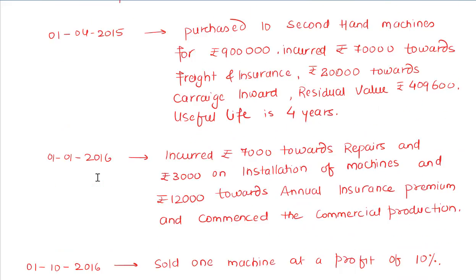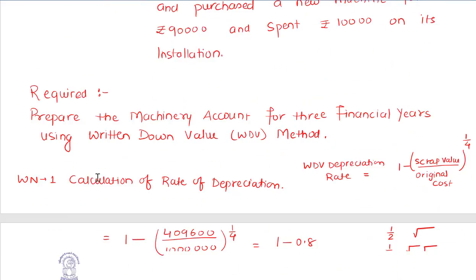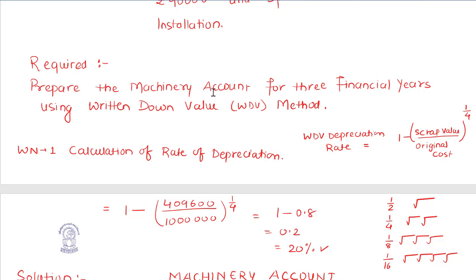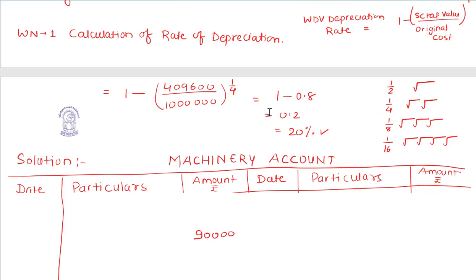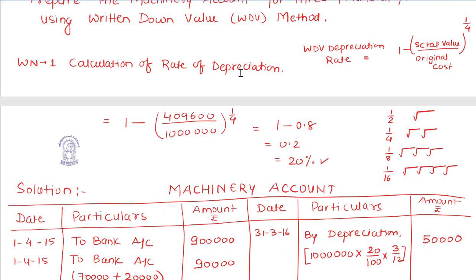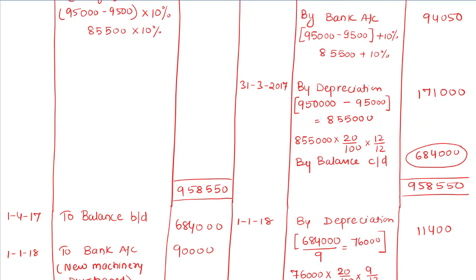So this was a long illustration. We have purchased machinery account over here. We have seen calculating the rate of depreciation using the simple method, but this method is only applicable for these many cases, that is 1 by 2, 1 by 4. Over here the 4-year case was there, and that is why we were able to calculate it.